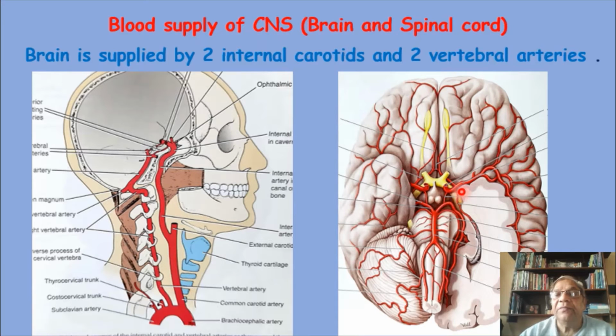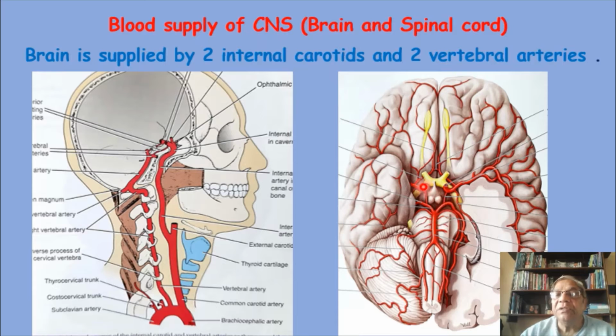Then this internal carotid artery here gives a branch called the anterior cerebral artery on the right and left side. This anterior cerebral artery runs forward, and when they come close to each other near the median plane, they are interconnected by another artery called the anterior communicating artery.